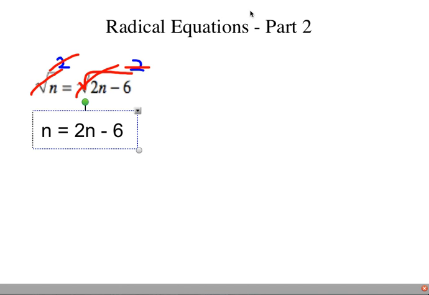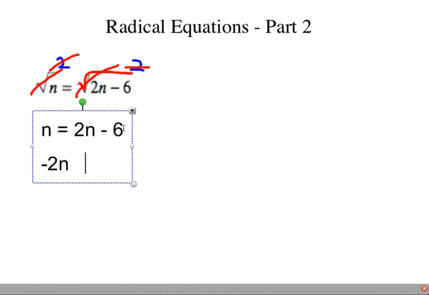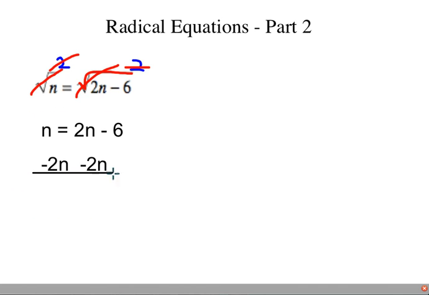So in this case we are looking for n, so we can subtract 2n from both sides. What would happen here? n minus 2n would be minus n. If you're not sure, think of it like this: you have $1, and I'm going to borrow $2 from you.